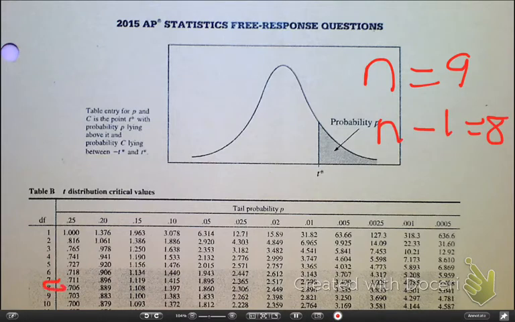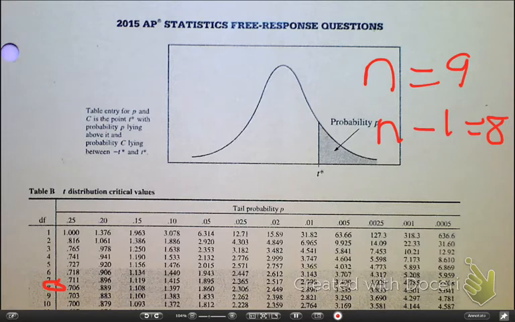I've got to look at that right there. And then I've got to find a T star, a score that's associated with that 8, which is the sample size minus 1.